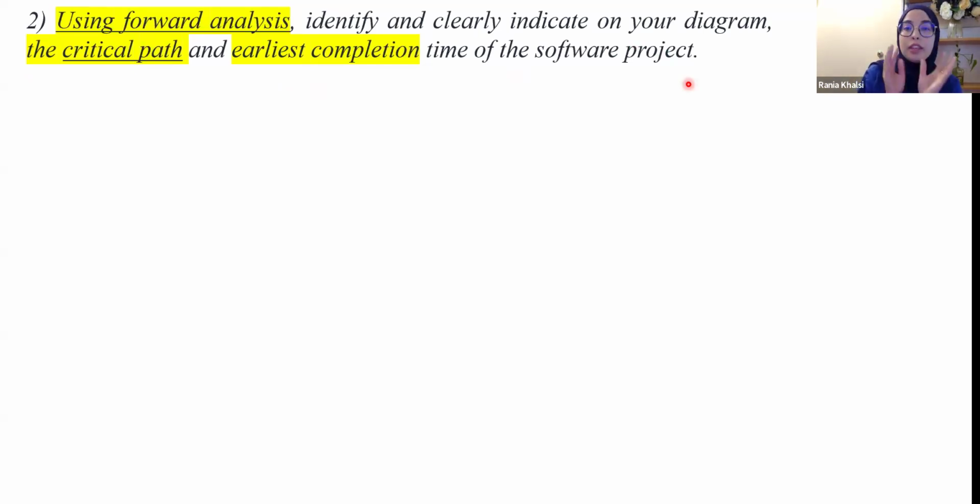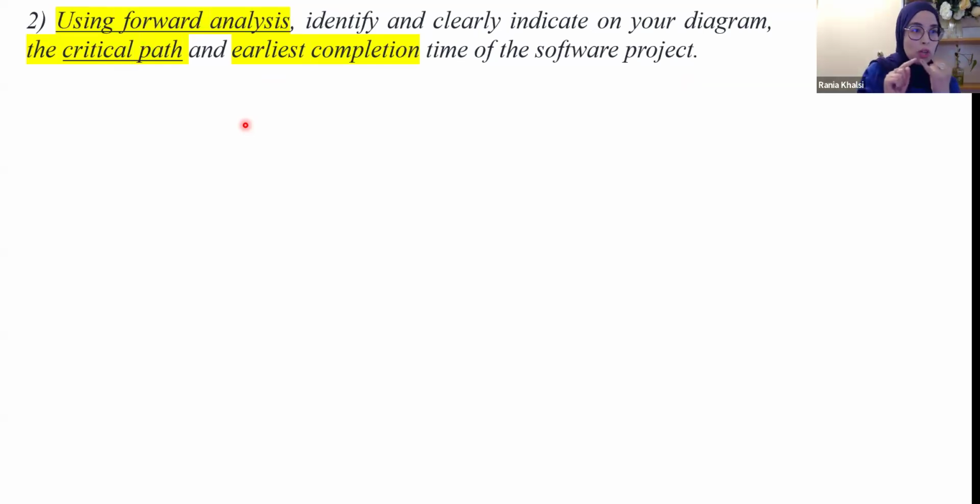So the first thing that you do when you read your question, whether you are working on practices or on the midterm exam or final exam, is to try to highlight, like I did here, some keywords that we covered during the class lectures that are necessary to understand in order to answer the question.